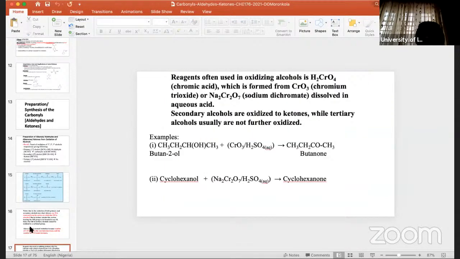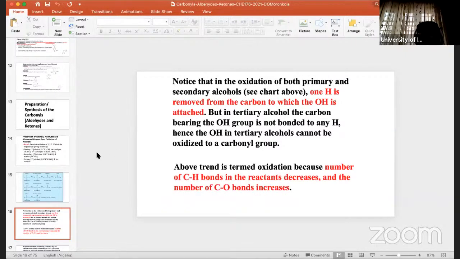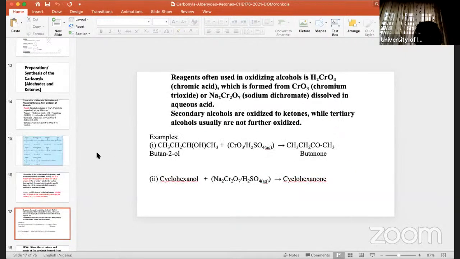So we have seen that. Let me quickly say that there are some common reagents you are used to from secondary school, that when you see these reagents reacting on your material, you can say, oh, this reagent is going to oxidize the alcohol, and so on and so forth.